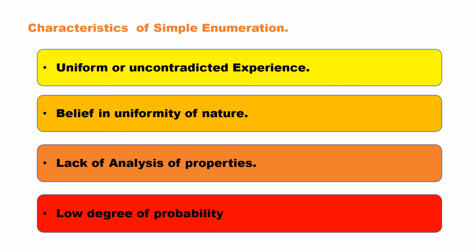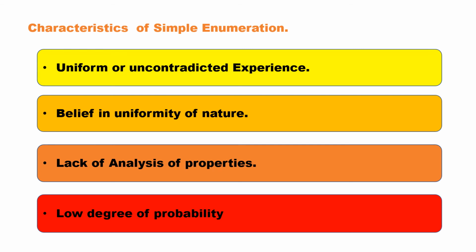Last is low degree of probability. A generalization by simple enumeration is based on mere uniform experience. So if we come across any contrary instance, it will be rejected. And that is why it is said that as opposed to generalization in science, generalizations established through the method of simple enumeration have a low degree of probability.